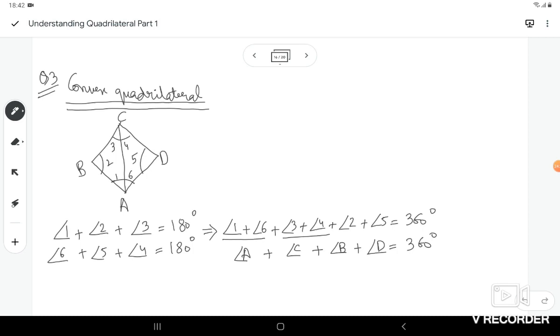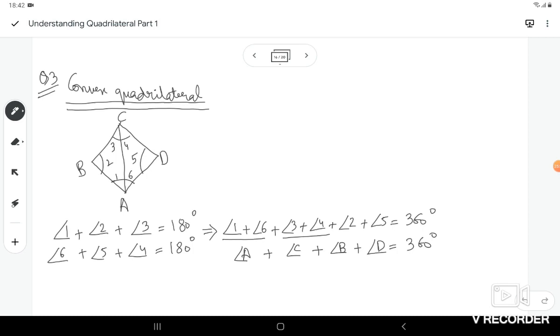On drawing the diagonal AC, we get angle 1, 6, 3, 4 and angle 2 and angle 5, B and D respectively. Now here we are going to use the same property which we have used for solving the angle sum property of a simple quadrilateral, which was also a convex quadrilateral.